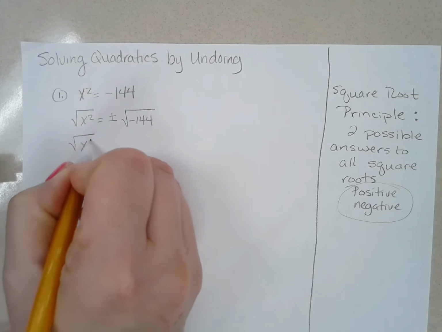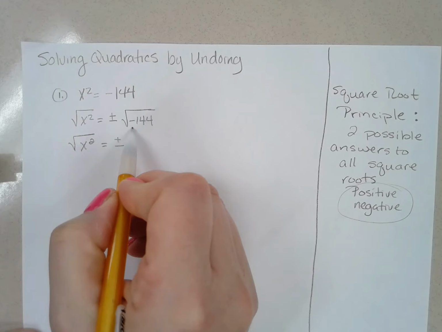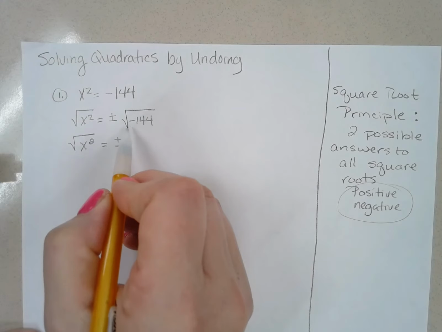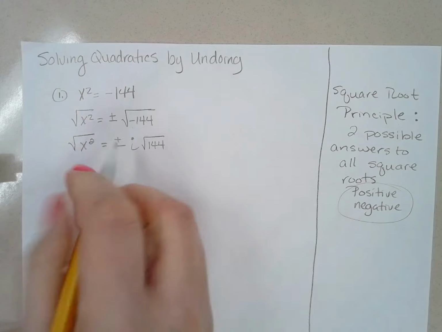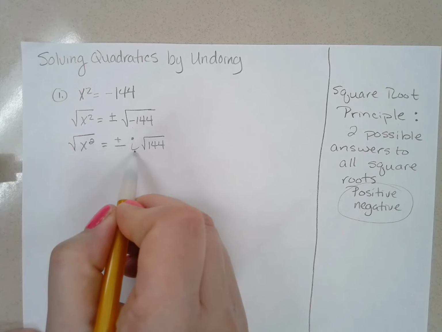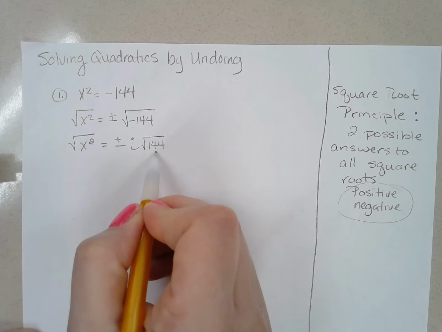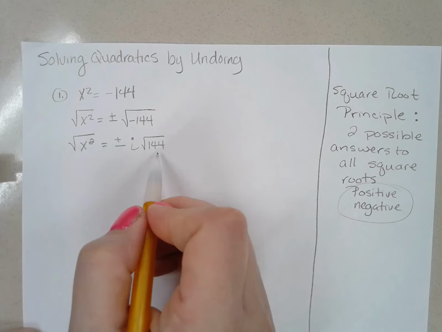So the square root of x squared equals a plus or minus. The first thing we have to do when we're dealing with a negative square root is take that negative out. Remember, that negative comes out as an i. So we've got the square root of x squared equals a positive or negative i times the square root of 144. And I know, and you should know, that the square root of 144 is 12.